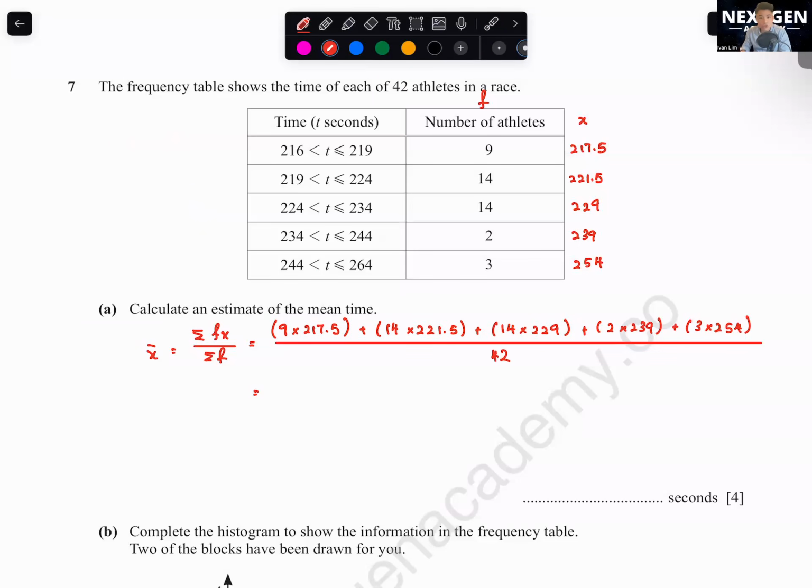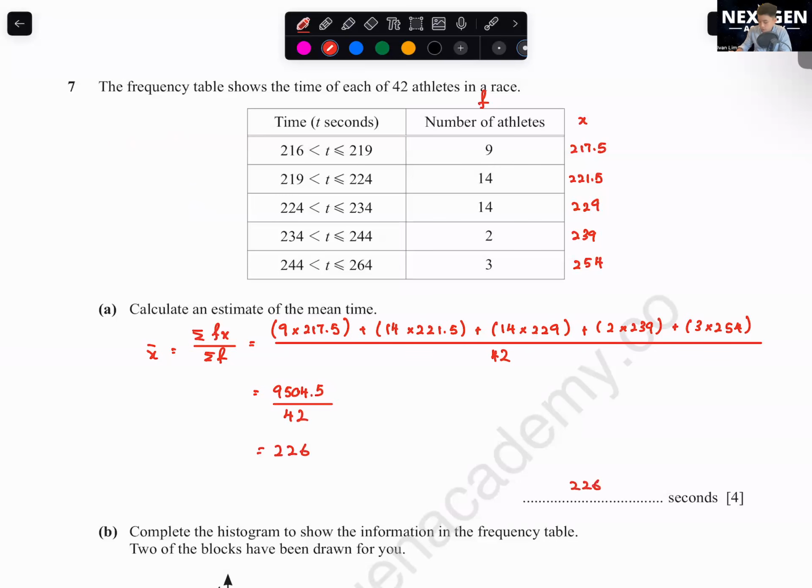Once again, here also don't straight away type into the calculator. Type the top one first. So you'll get 9504.5 over 42. And then your final answer, you get 226.